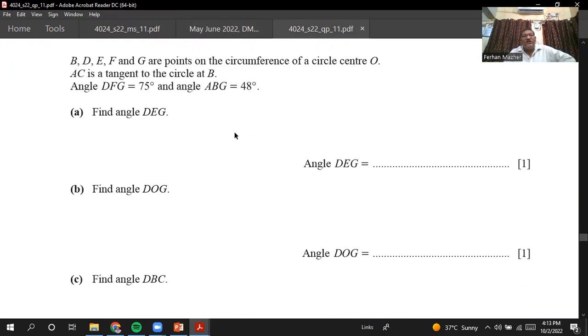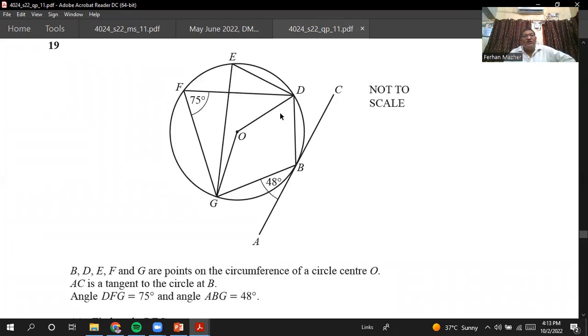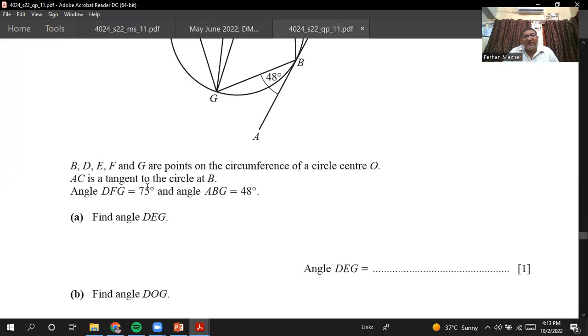Now the next question is DOG. DFG is 75. So DOG is the angle subtended by the chord at the circumference, that's 75. The angle subtended by the chord at the center, which is DOG, will be 2 times the 75.